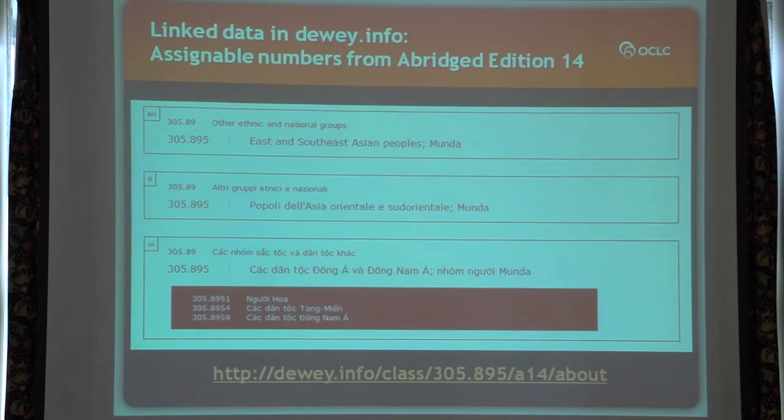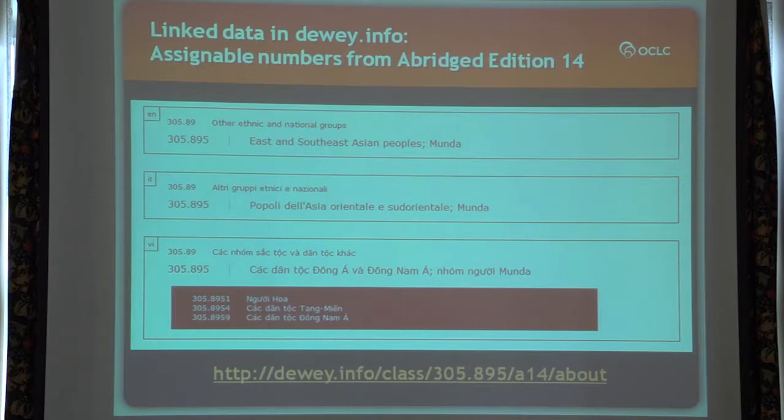And even when I pull up the English, the Italian, and the Vietnamese, there are more classes exposed, in this particular place, in Vietnamese, because they've ingested these classes from the full edition and brought them into their abridged edition to show a deeper representation of Southeast Asian peoples.